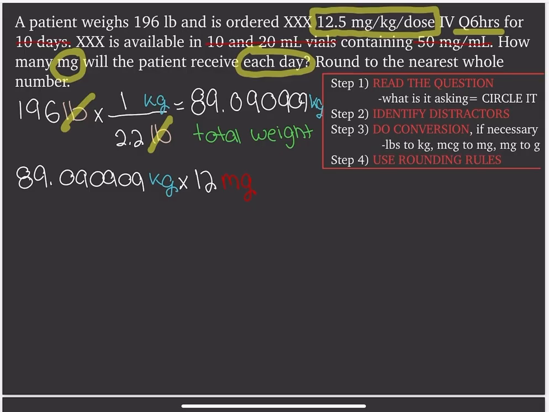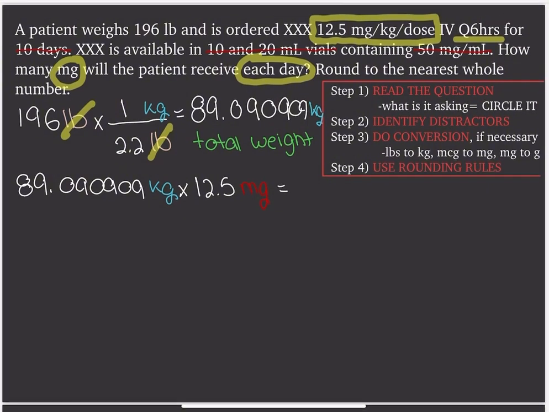89.090909 times 12.5 milligrams, because there's 12.5 milligrams for every 1 kilogram of weight. So once you do that, you will get 1,113.6363 milligrams.